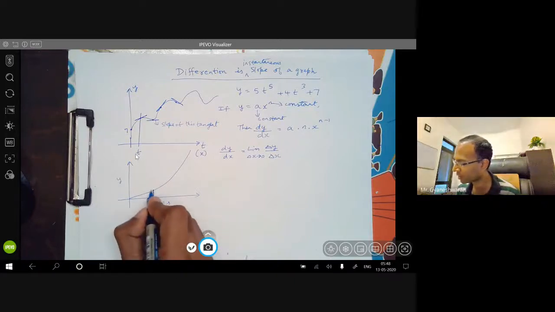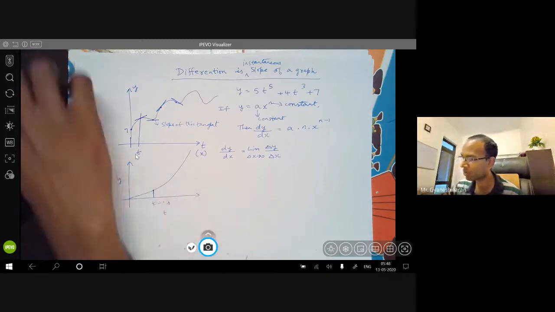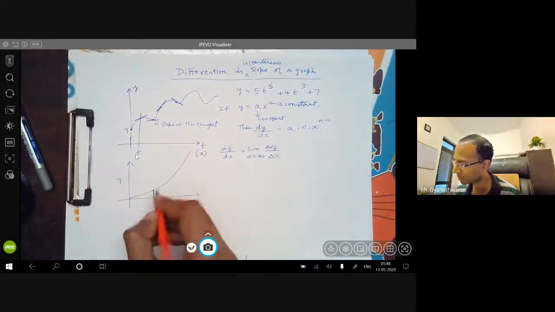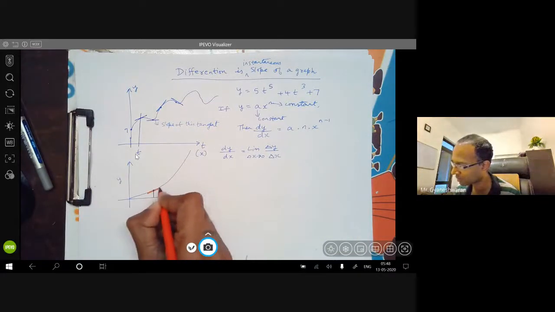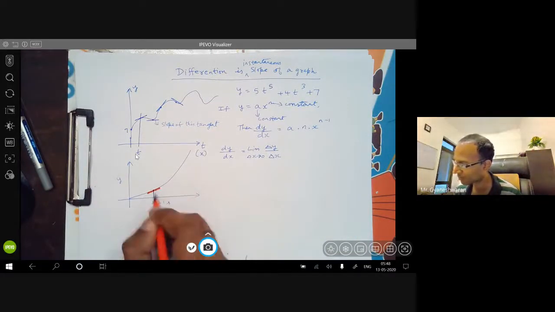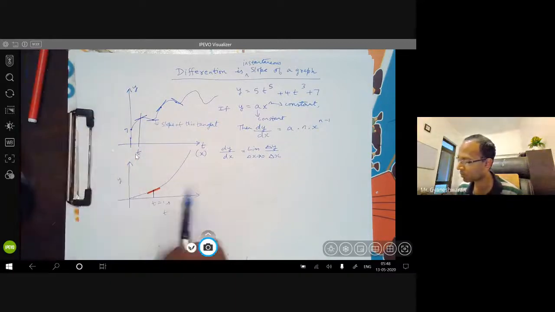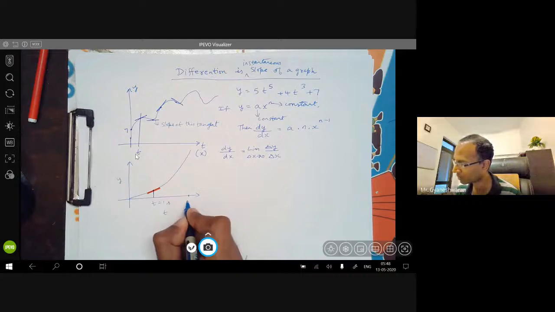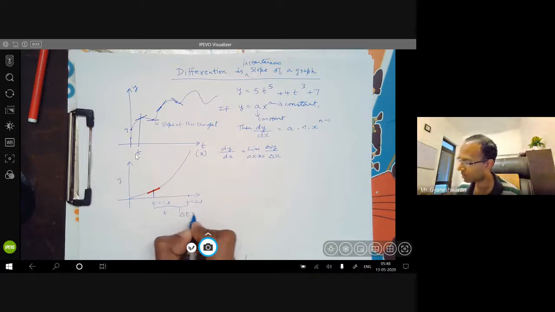To find the instantaneous slope at this time, you are actually looking for the slope of this tangent. Now start with t equal to 1 second to t equal to 2 seconds. In this case, delta t, or change in time, is 1 second.